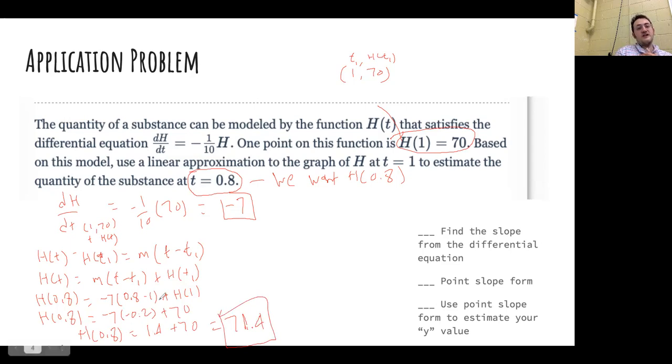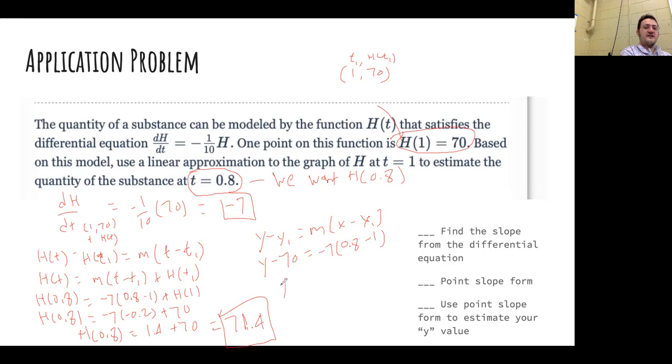So basically you are using just your point slope form. If you want to do it a little bit more crude, you could write this as y minus y1 equals m times x minus x1, knowing that x's and t's mean one and the same thing. So my initial condition here is y minus 70 equals our slope, which we found to be -7, and then my x would be the 0.8 minus 1.